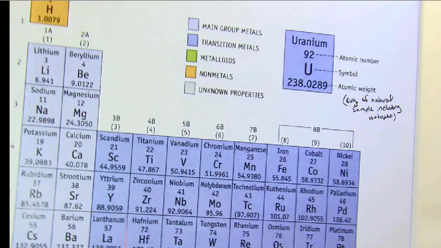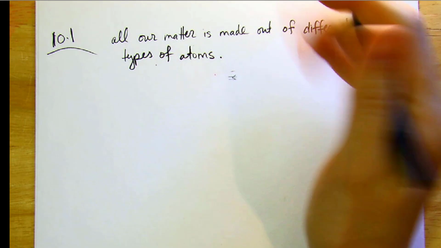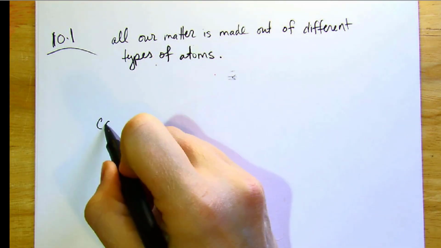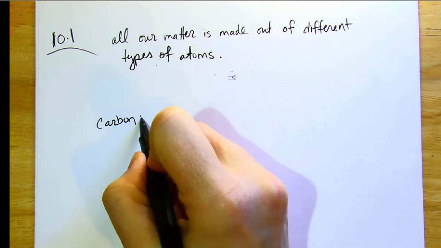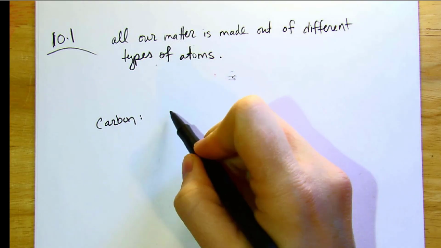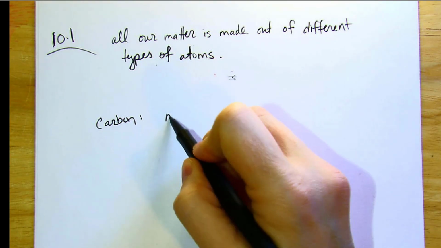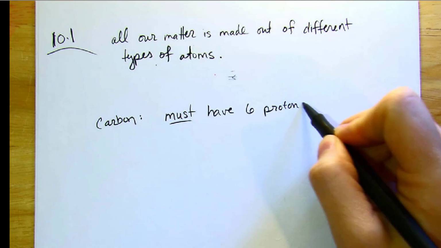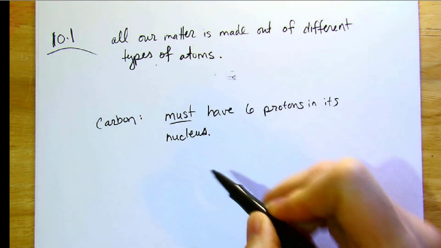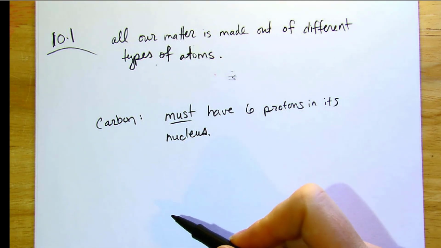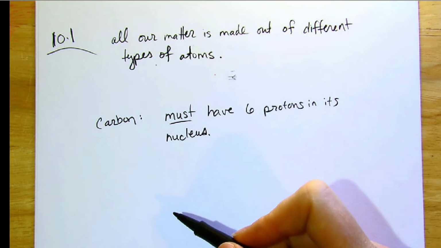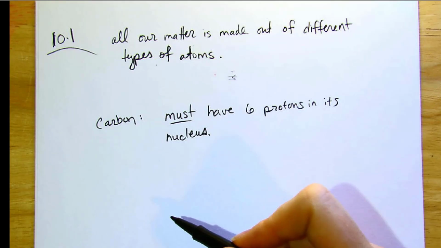So let's go through that. So let's take carbon, for example. Carbon has to have 6 protons in its nucleus. And most carbon also has 6 neutrons in the nucleus, but it might have 1 more, might have 1 less, might have 2 more.